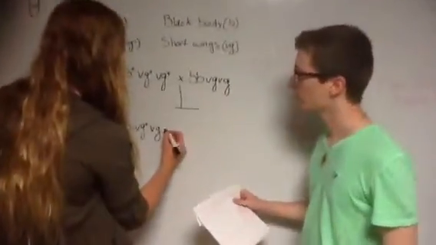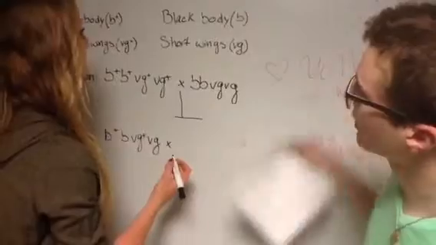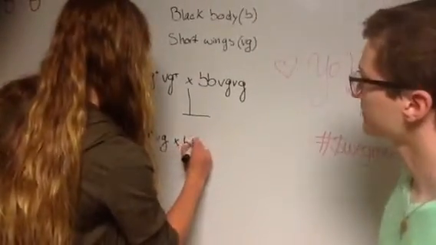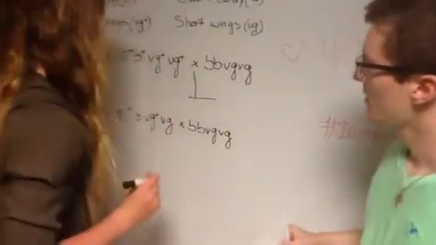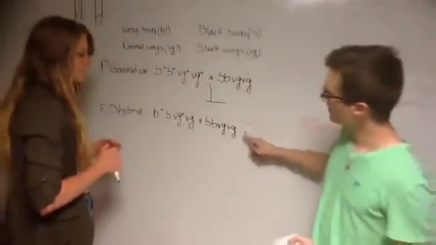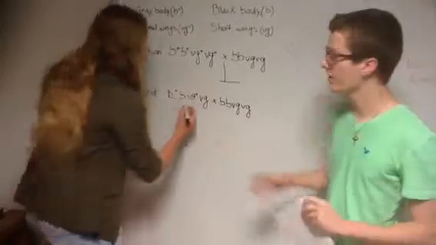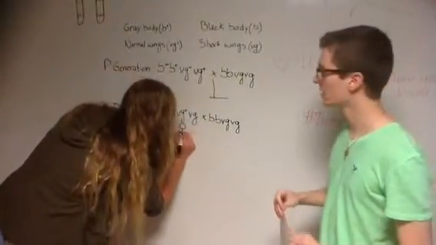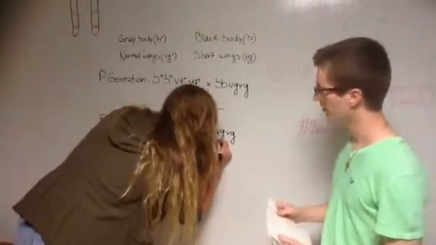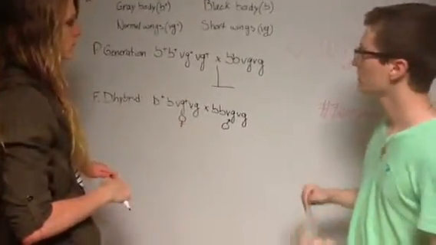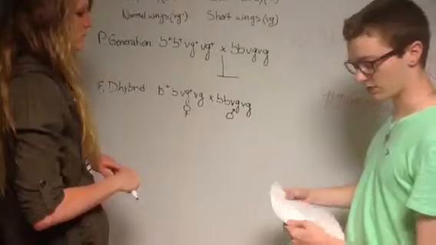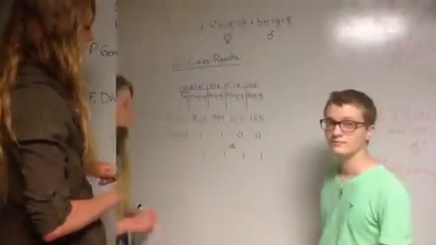And from that, he crossed another mutant black body short wing fly, little b, little b, VG, VG. This one was a male and this one was female. That's because the male always contained the recessive short wing and black body genes. So from that, we got our test cross results.